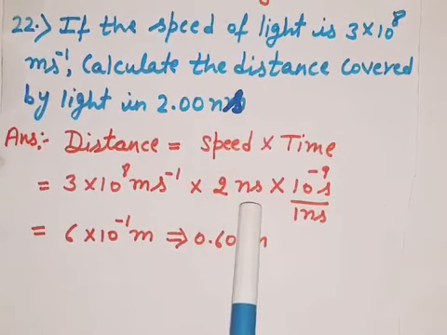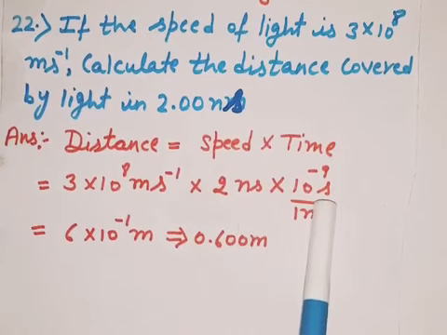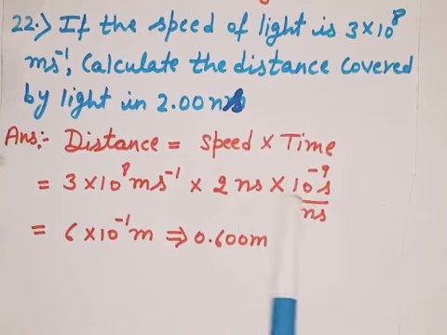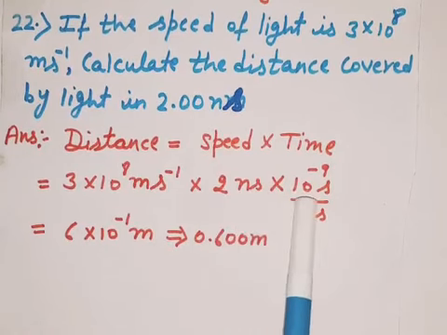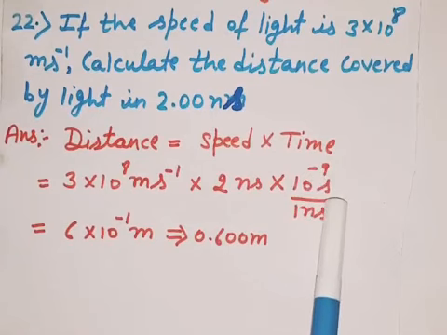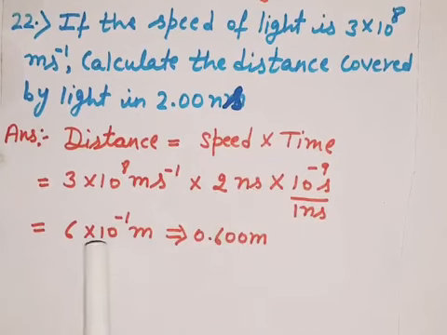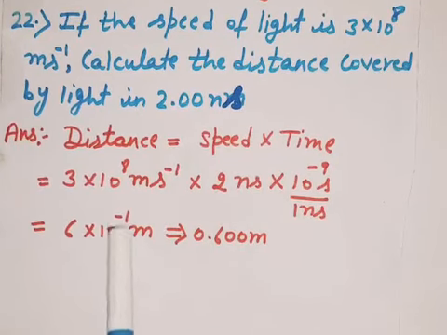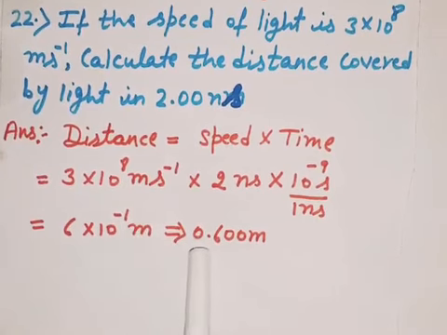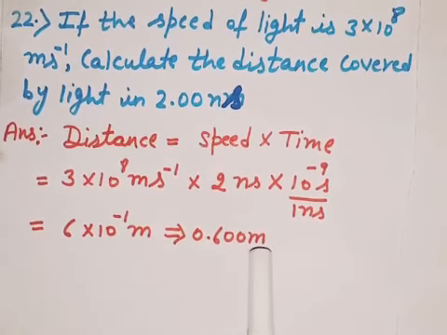So here we will convert nanosecond into second. We will multiply 2 nanosecond with 10 to the power minus 9 second by 1 nanosecond. 1 nanosecond is cancelled out by this. So the answer will be 6 into 10 to the power minus 1 meter, or 0.600 meter.